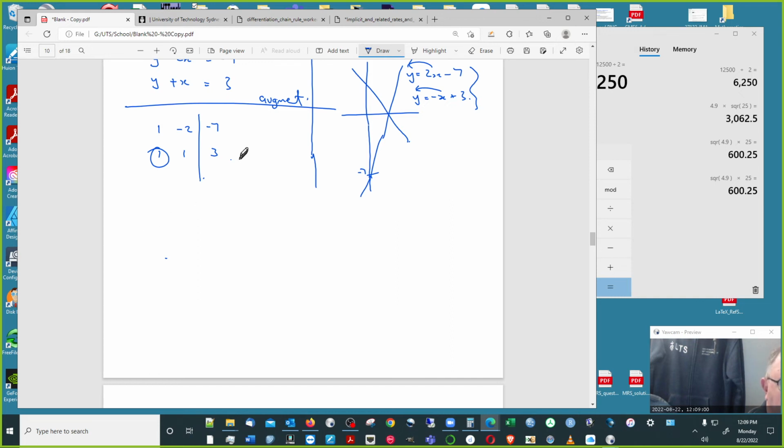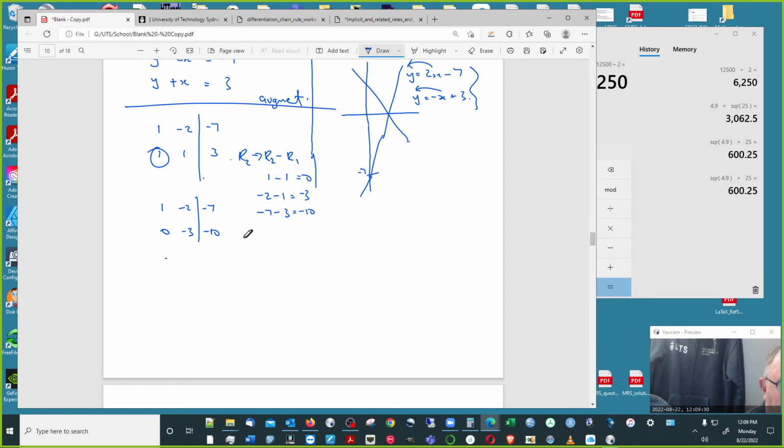So if I do row 2 becomes row 2 minus row 1, I'll get 1 take away 1, minus 2 take away 1, and minus 7 take away 3. So I'll change the second row to 0, minus 3, minus 10.